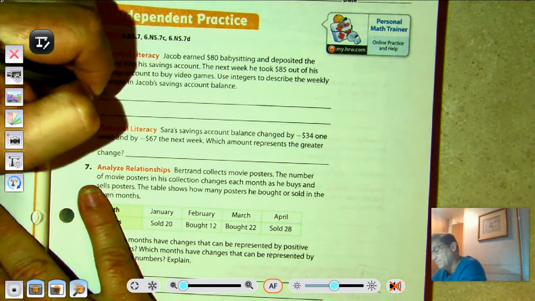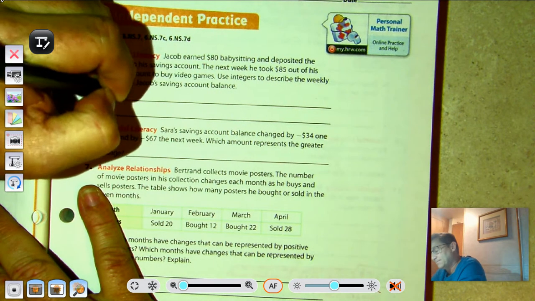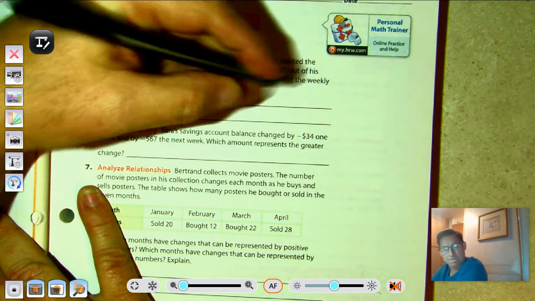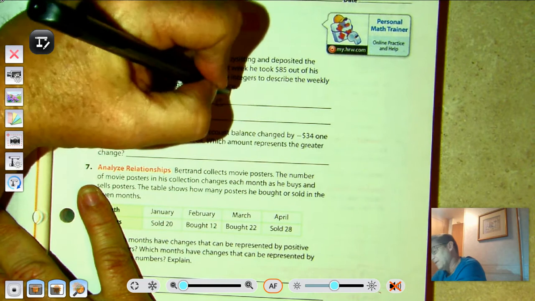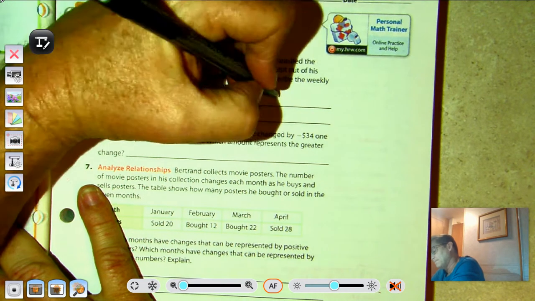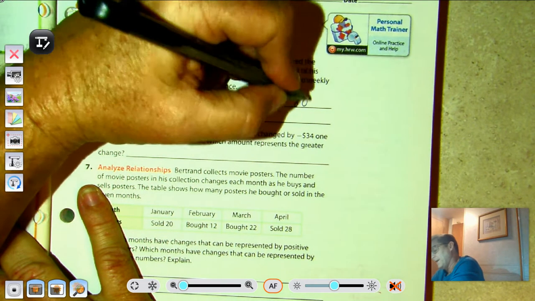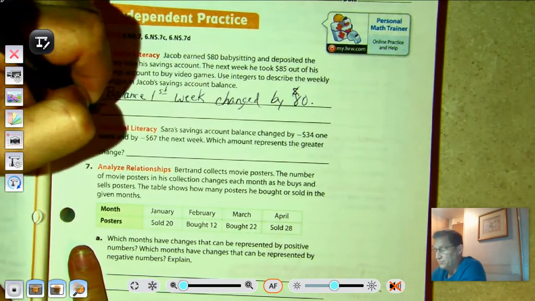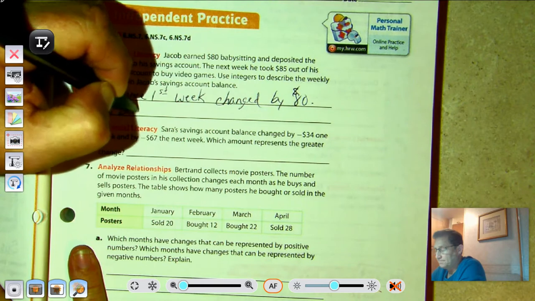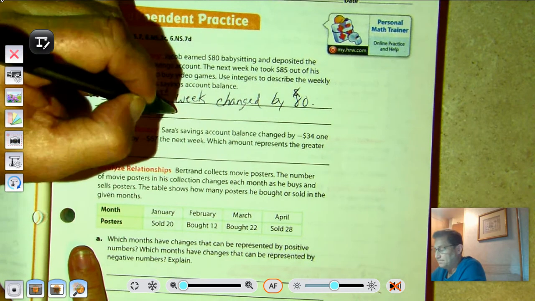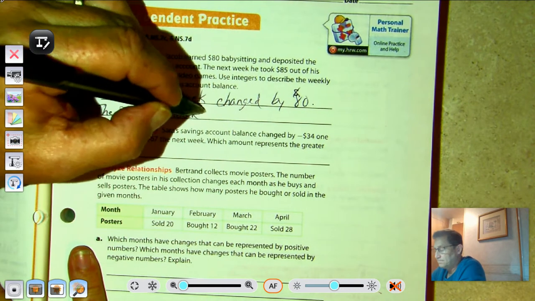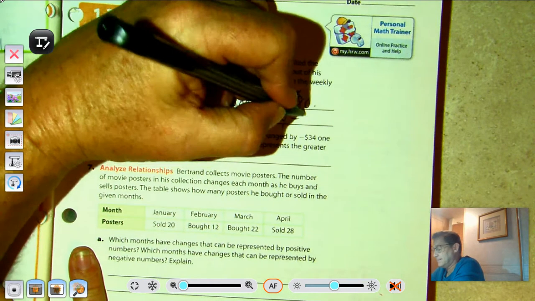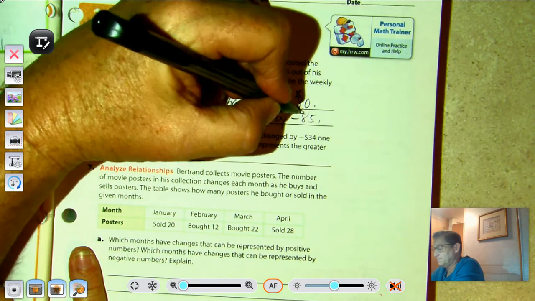So we could say the balance in the first week changed by $80. The balance in week 2 changed by minus $85.